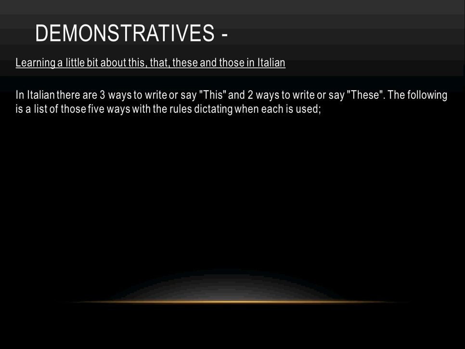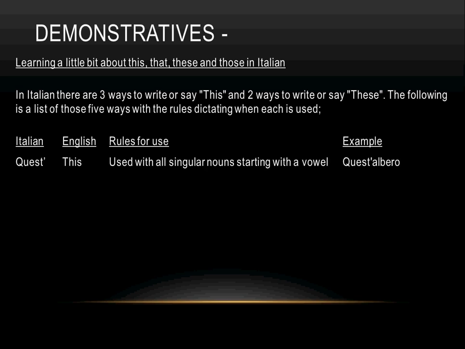Same is true here. And then remember the rule about nouns starting with a vowel. So what we have is quest', Q-U-E-S-T, apostrophe, and this is used with all singular nouns starting with a vowel. Doesn't matter if it's masculine or feminine. So quest' would go with albero, tree, quest'albero.